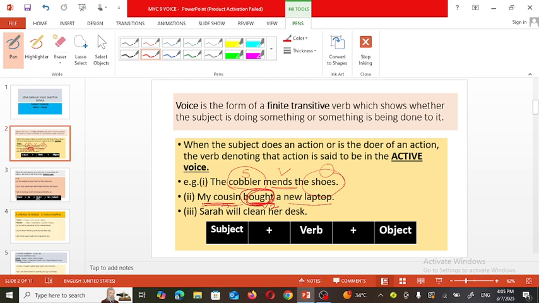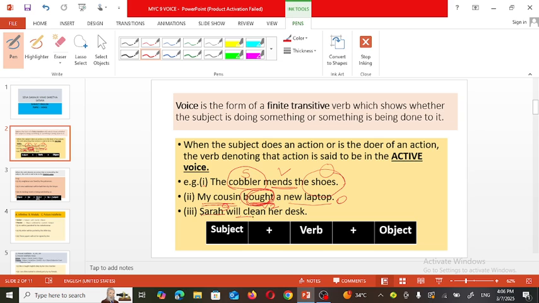My cousin. So that is the subject. And this buying action has taken place on what? A new laptop. So that is the object. So subject, verb, object. This second sentence is in simple past tense. The first sentence was in simple present tense.